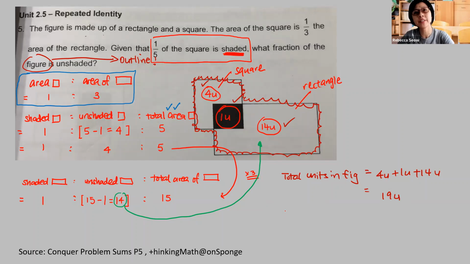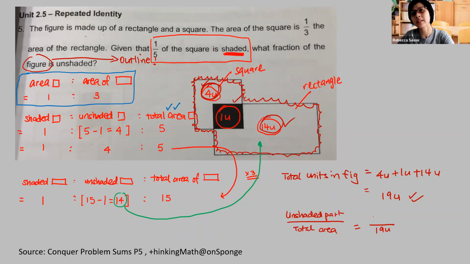What fraction of the figure is unshaded? Now, that means they want you to find unshaded part out of total area. Okay, so let's see. We already know what the total area is. The total area is 19 units, yeah, in the figure. Unshaded part, that will be 4 units and 14 units.